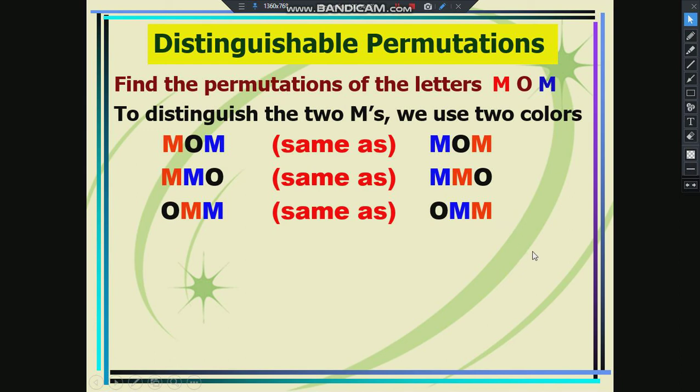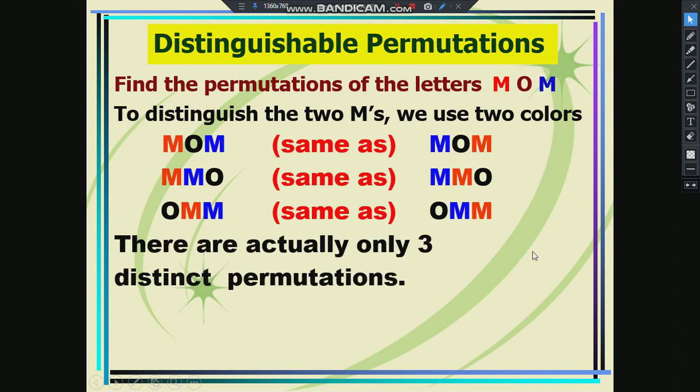So what does this indicate? That there are actually only 3 distinct permutations. How come? We have 3 factorial over 2 factorial. Saan nanggaling yung 3? We have 3 letters, M, O, M. Bakit naging 2 factorial? Dahil dalawang letter yung magkakapareho, so that is letter M. So, dalawang letter, 2 factorial.